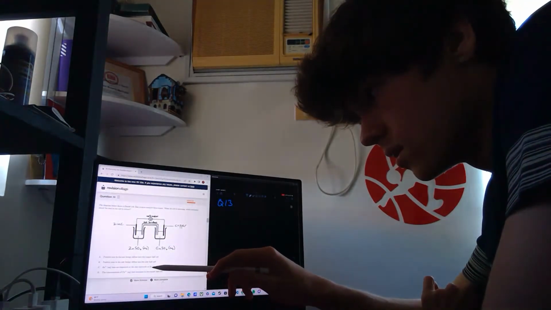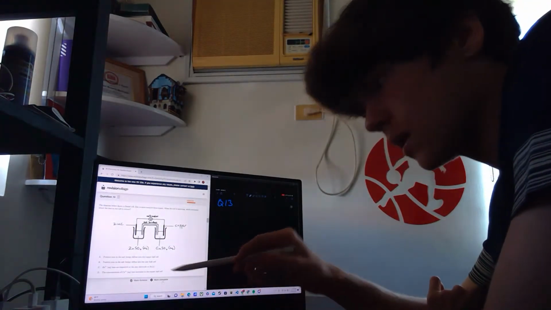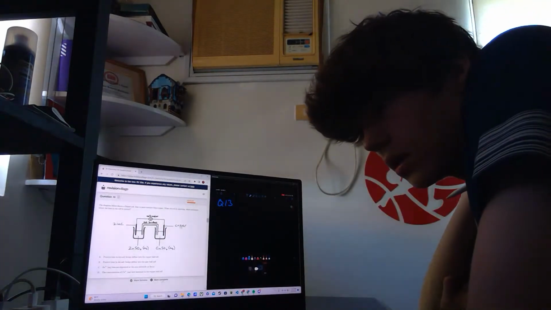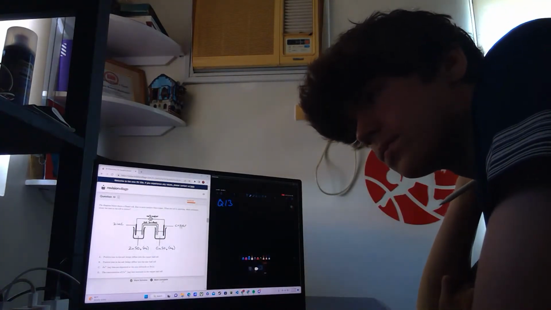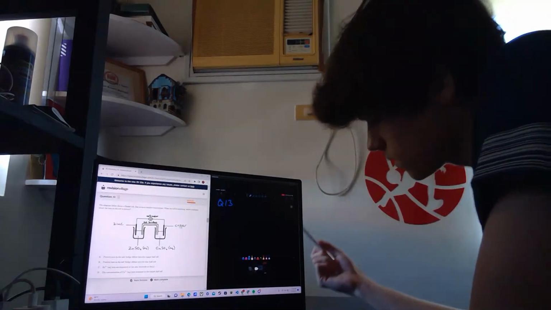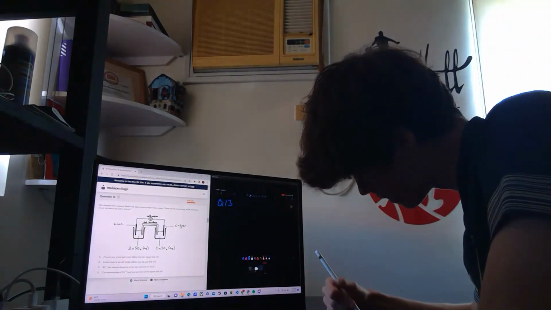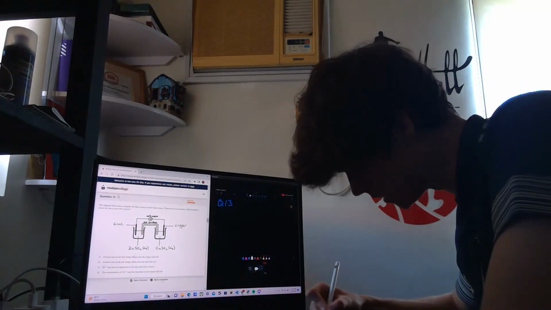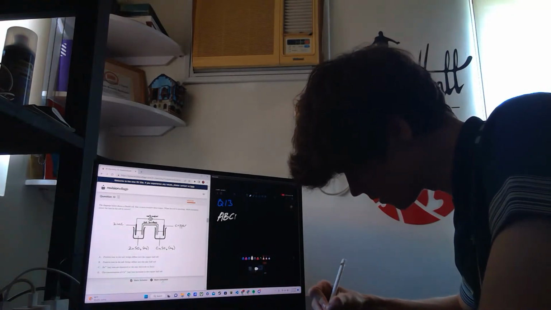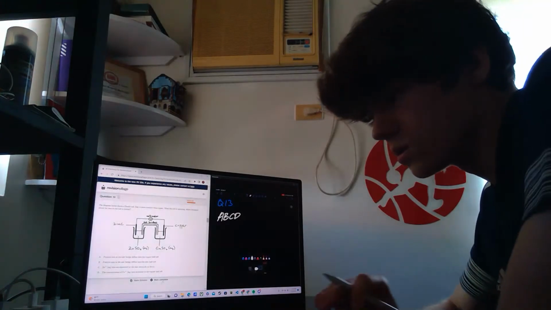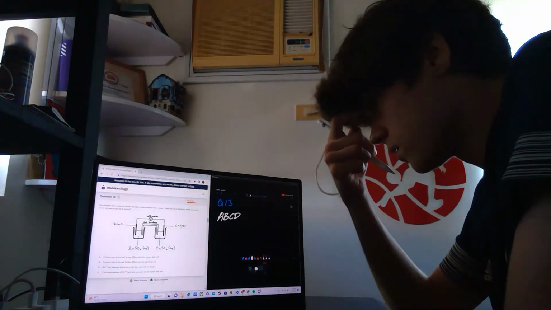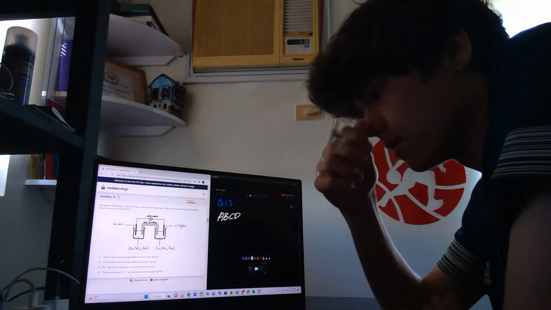Zn2+ ions are deposited at the zinc electrode as Zn. Okay. This one is kind of screwing my brain a little bit with the wording of C. So I want to write down A, B, C, D, because that's always what I do when I'm not sure, because I want to eliminate slowly.